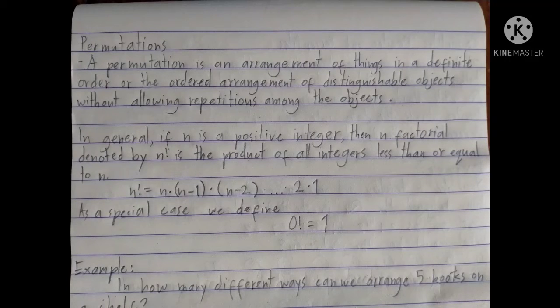A permutation is an arrangement of things in a definite order, or the ordered arrangement of distinguishable objects without allowing repetitions among the objects.